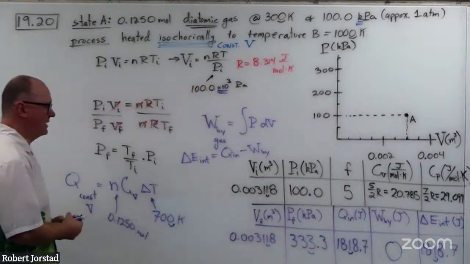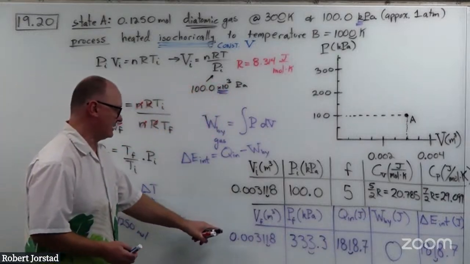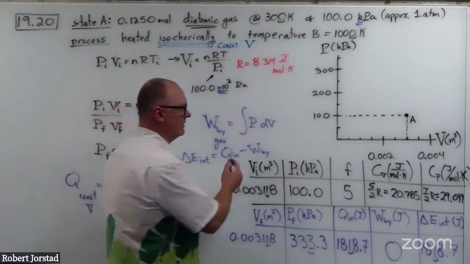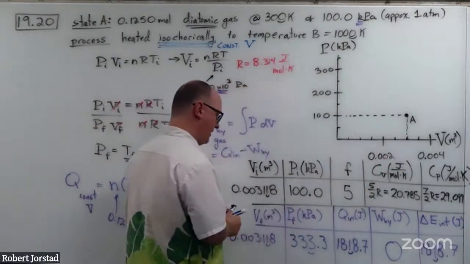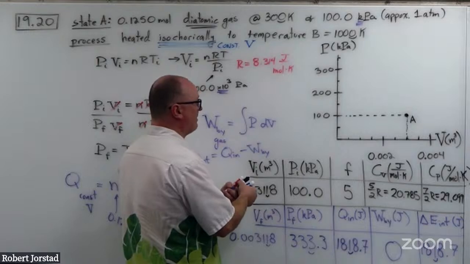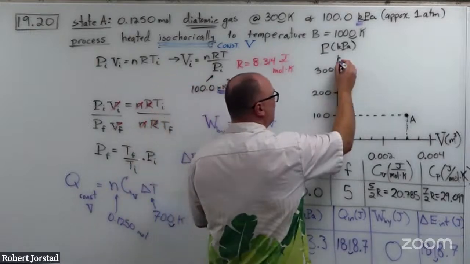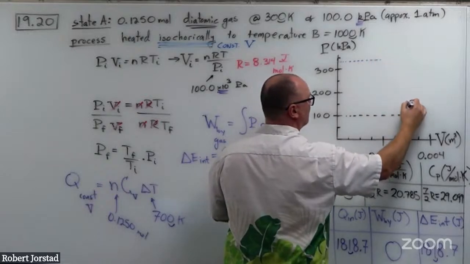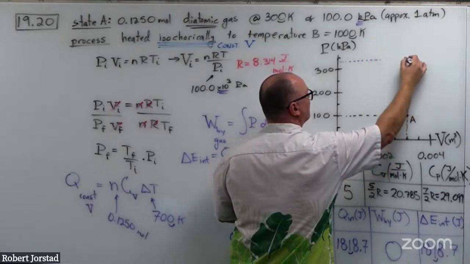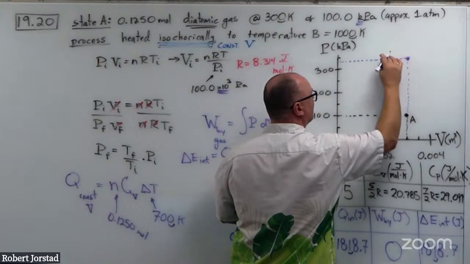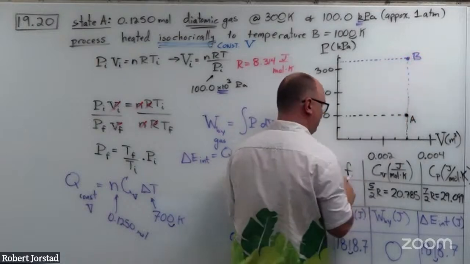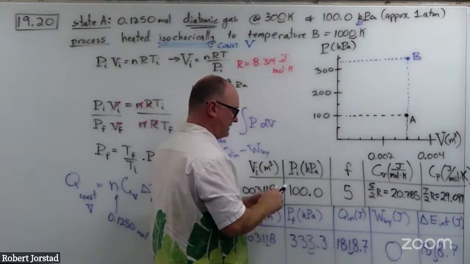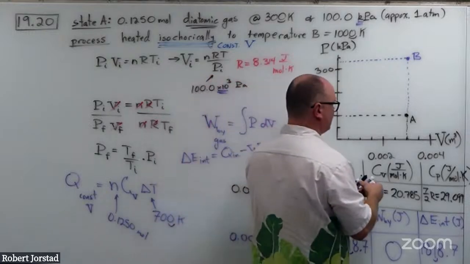Well, now we can make our plot. Let's get point B on here. It's the same volume, but now we're at 333, which is probably about right here. So there's point B. Now let's draw the process. It was going up like this.